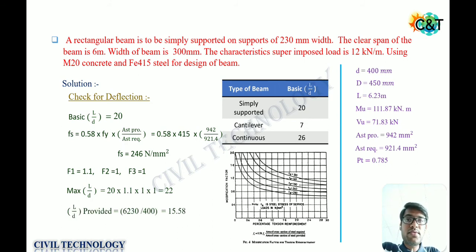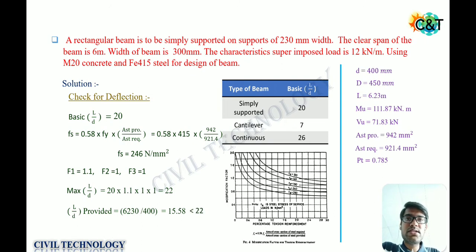Whatever we provided is 6230 divided by 400, which comes out as 15.58. The L by D ratio we provided is less than the maximum permitted, that is 22.